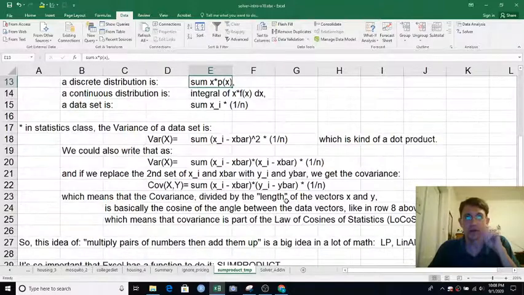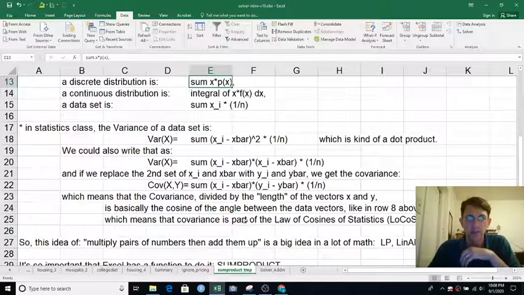So somehow correlation is the cosine of the angle between the two data vectors in statistics, which is pretty interesting. Which means that covariance is part of the law of cosines of statistics. So I like the law of cosines of statistics. It's a little bit more complicated than the Pythagorean theorem of statistics, but it's even more useful.